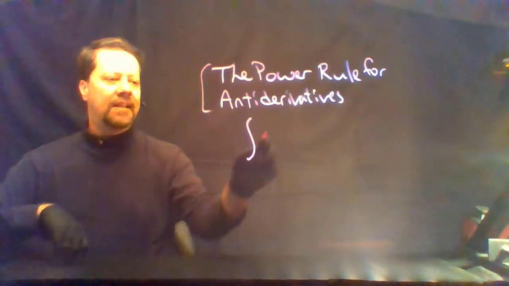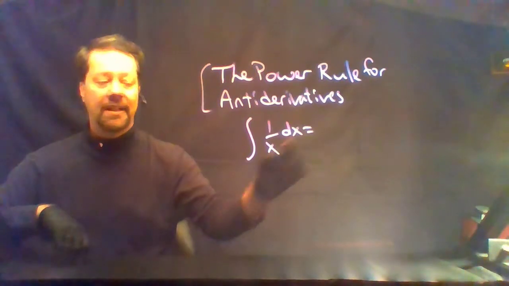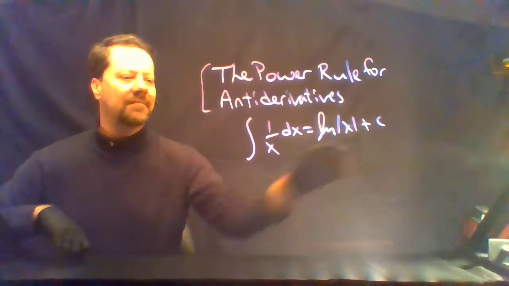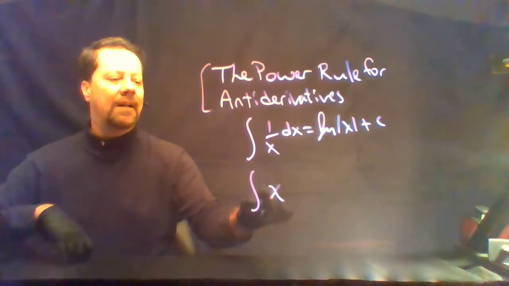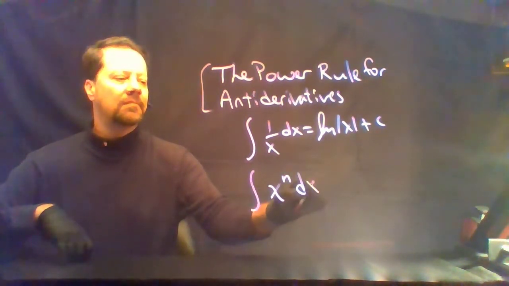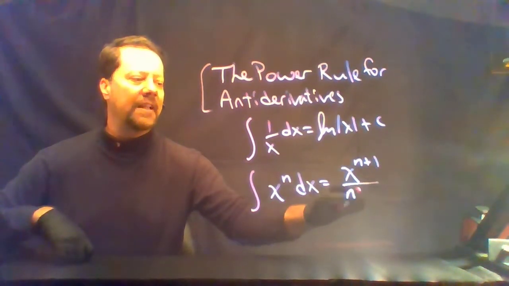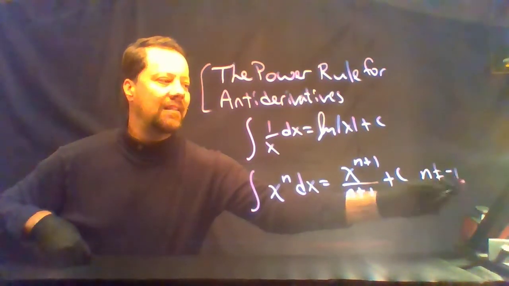It goes like this. First of all, if it's 1 over x, that's your n equals -1 case. You get log absolute value of x plus c, but otherwise, you get x to the n plus 1 divided by n plus 1 plus c when n is not -1.